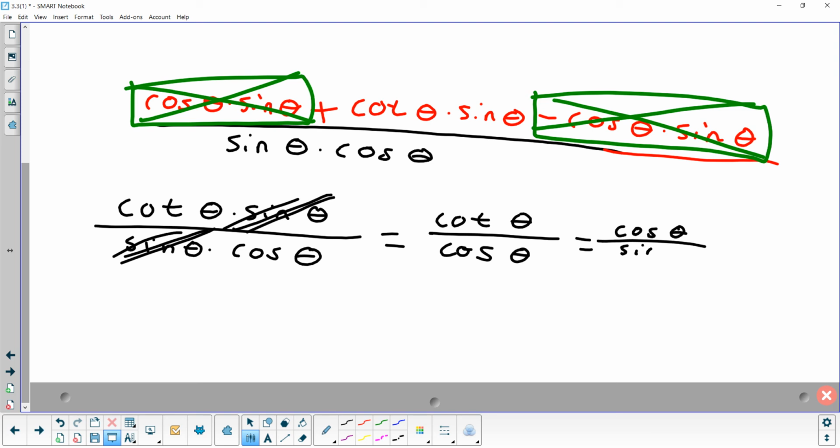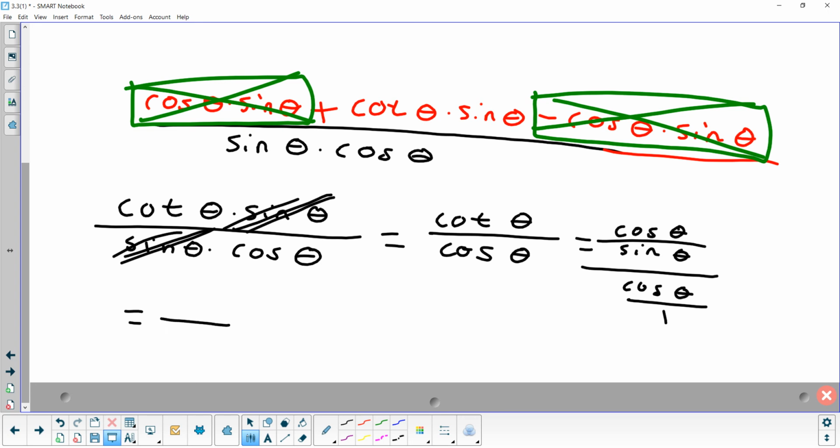So cosine over sine. And the bottom, we could just write it as cosine over 1, because it's not a fraction. And what did we say we do when we have to divide a fraction by a fraction? Actually, I think this was a good idea. I think something else is going to cancel out. When you have to divide two fractions, what do you do?